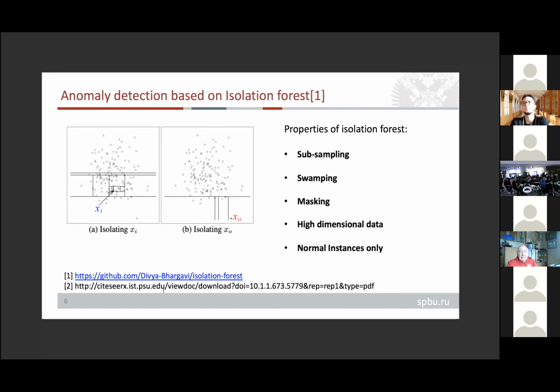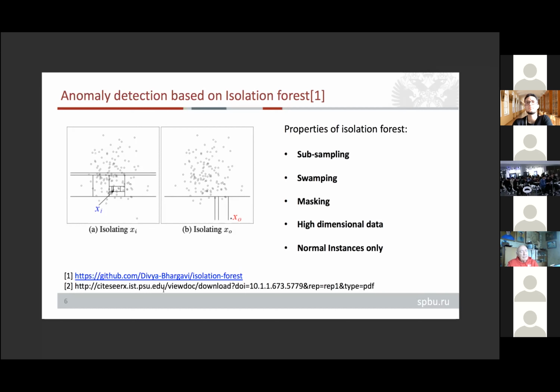And the third is masking. Masking refers to a data set which consists of too many anomalies, and the density of anomalies is so concentrated. The fourth is about high dimensional data sets. And the last one is about normal instances only.